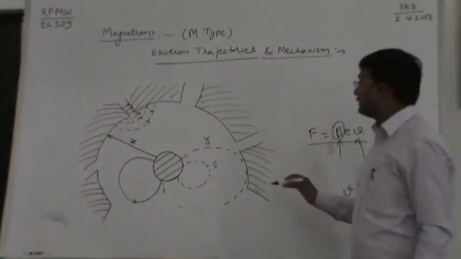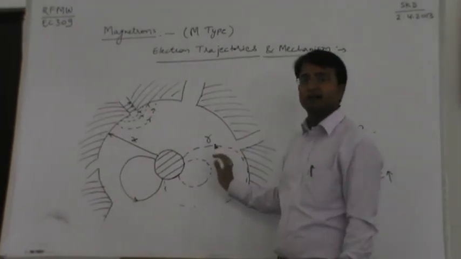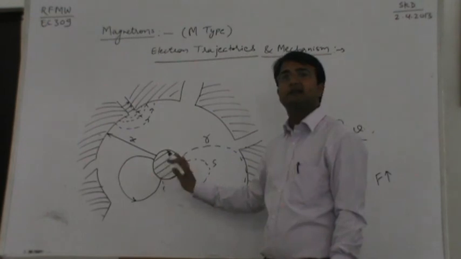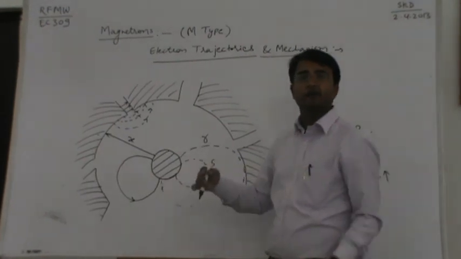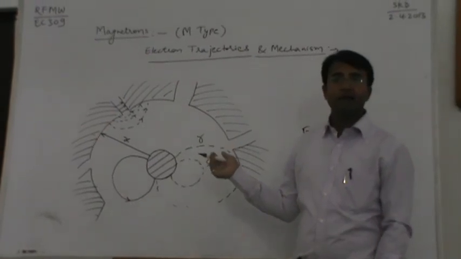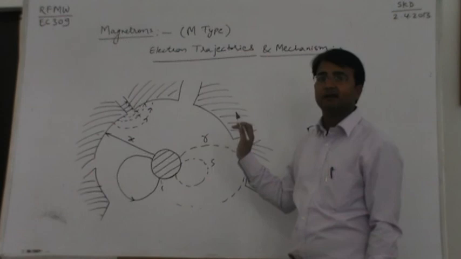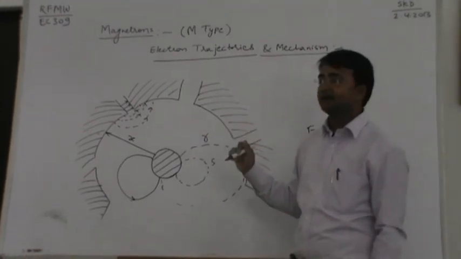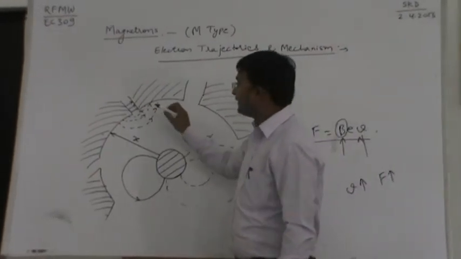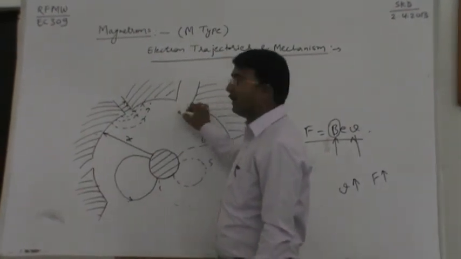We are now looking at the electron trajectory, meaning the electron path. The electron path is decided by the electric field value, meaning how much V naught we have applied, and by the amount of B, the magnetic flux density. A fringing field exists in all the cavities.